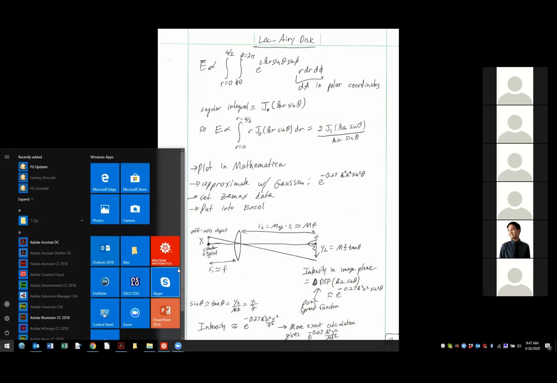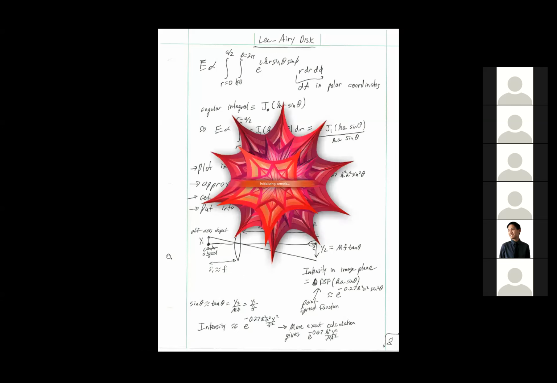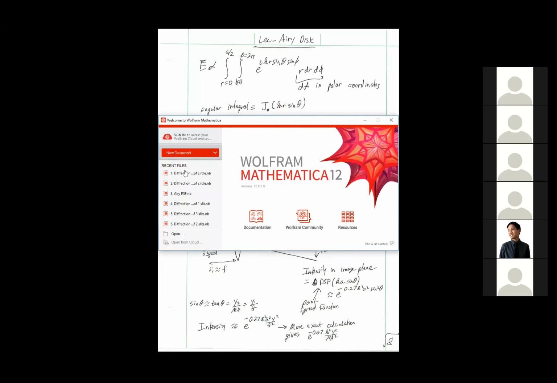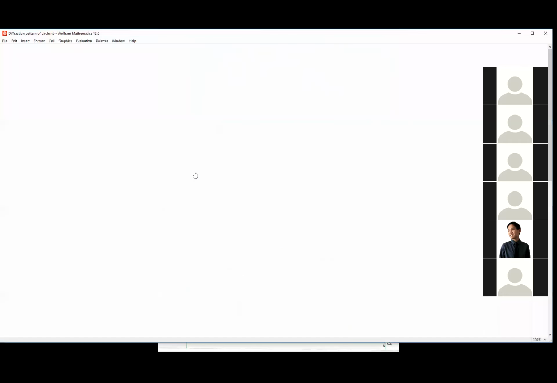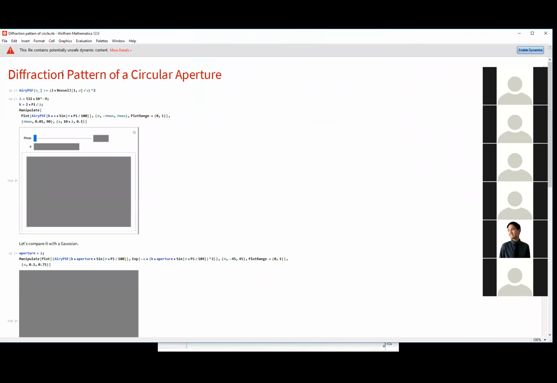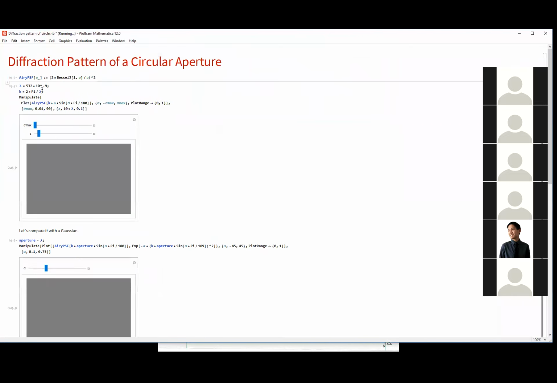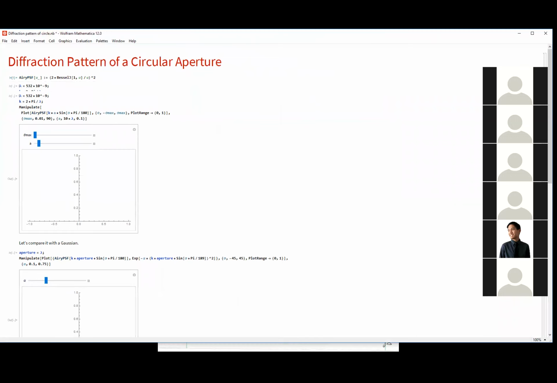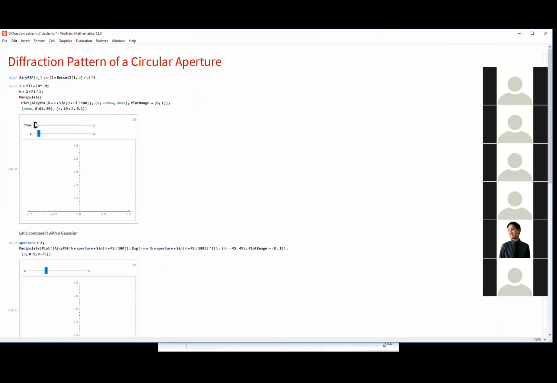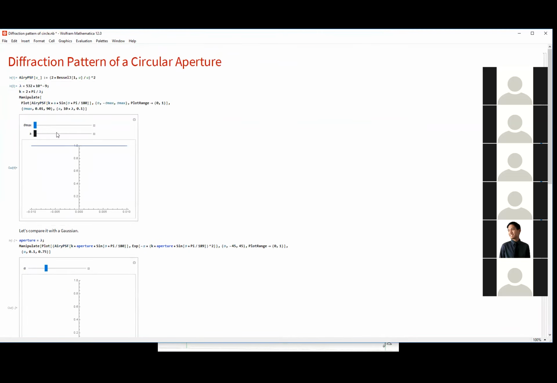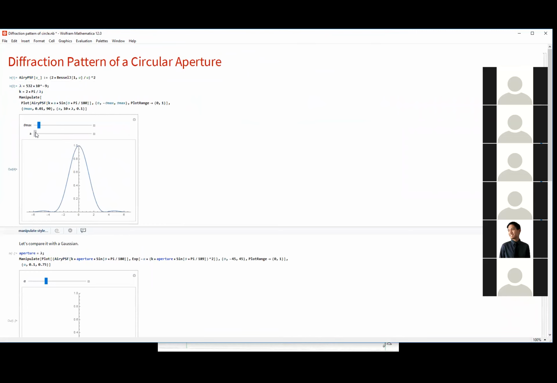So let's go back to Mathematica. Let's go back to the diffraction pattern of a circle. And we can plot this for different values of the aperture width.